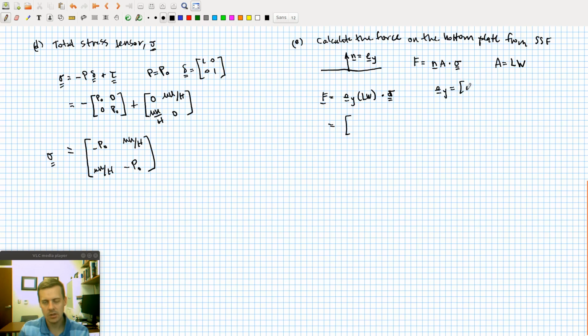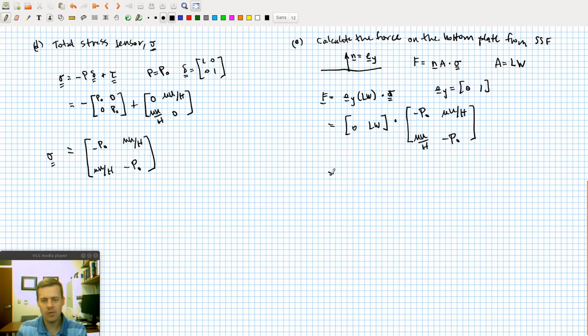EY is just 0, 1. I don't even need the transpose here, just 0, 1. So I'm going to put in 0, LW, and I'm going to dot that with my total stress tensor: minus P0, mu U over H, mu U over H, and minus P0.